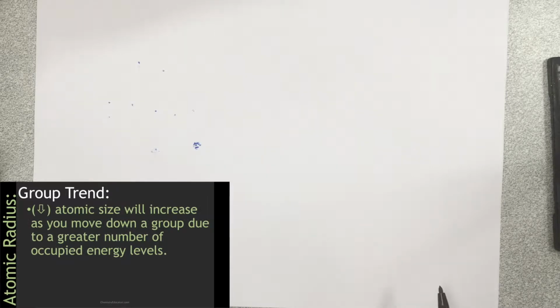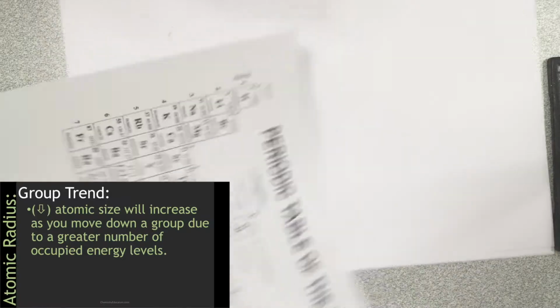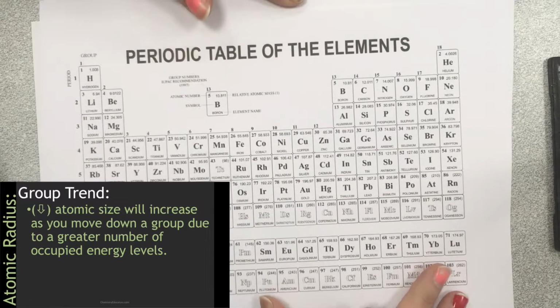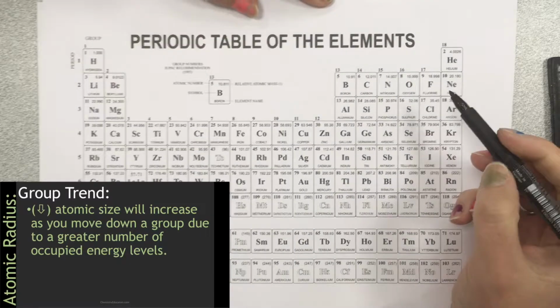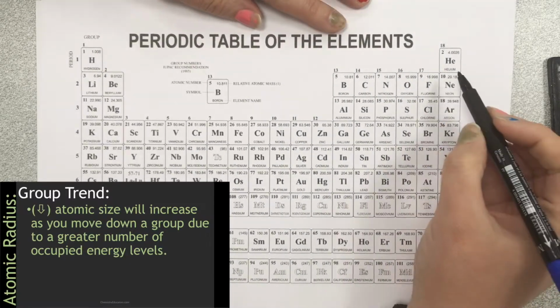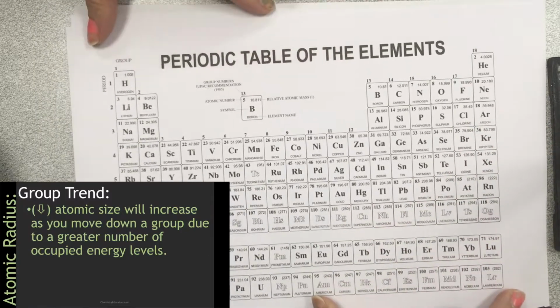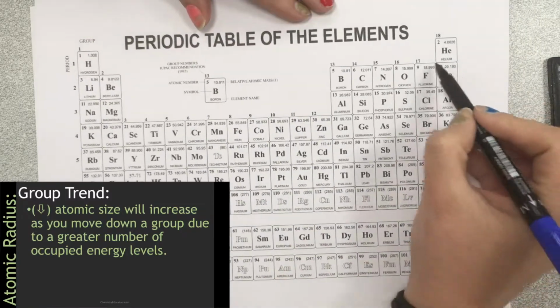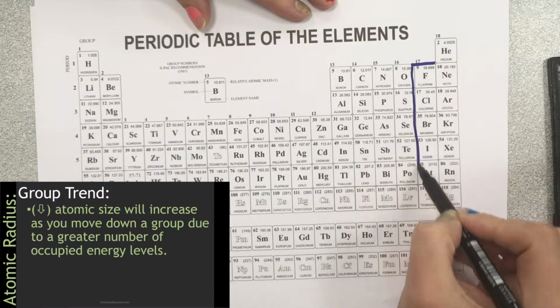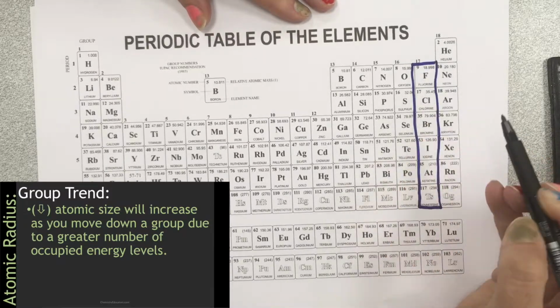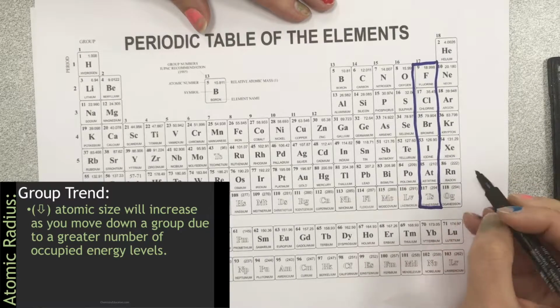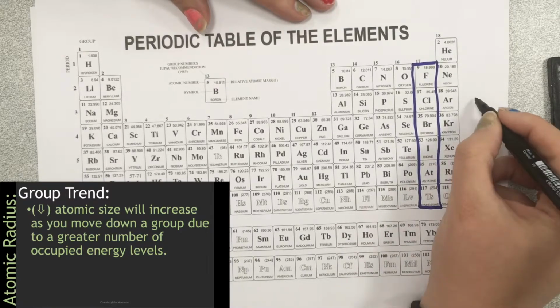So there are group trends on the periodic table. Remember guys, a group on the periodic table is something vertical. I'm sorry, I'm not the best video lecturer. So the group trend is that the atom size gets bigger.